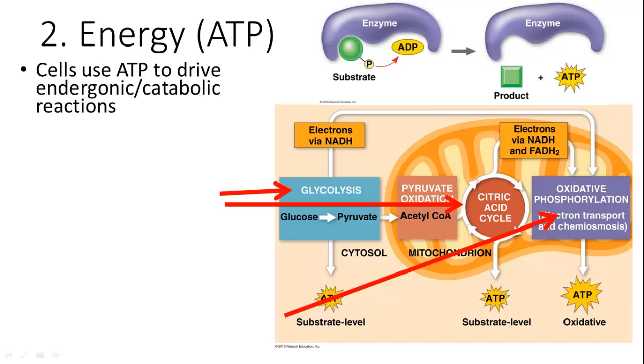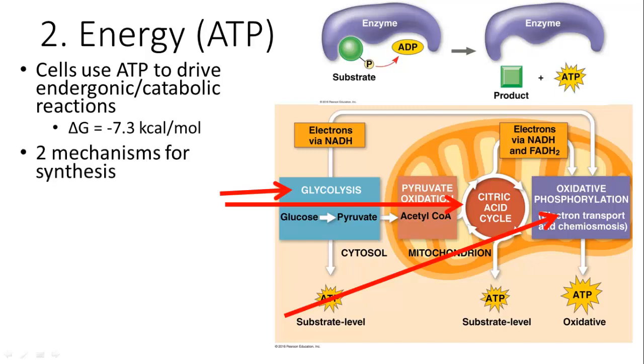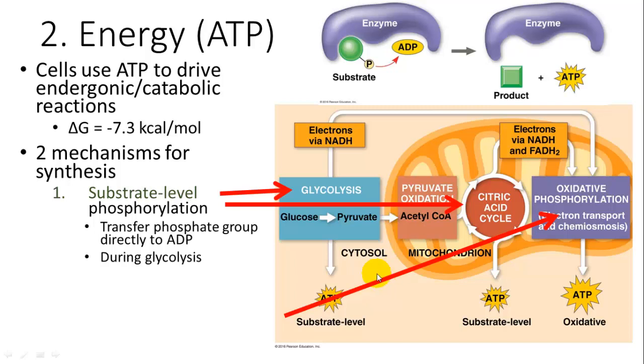What you don't show in here is also you have a lot of ATPs which come out of it. So ATP has much lower free energy at 7.3 kilocalories per mole. And there are two mechanisms for making ATP. One is called substrate level phosphorylation, and that's basically using organic molecules such as glucose and in the citric acid cycle to make some ATP.